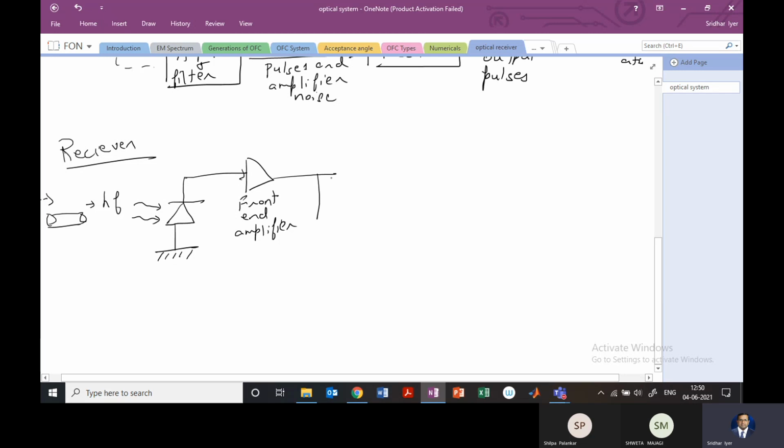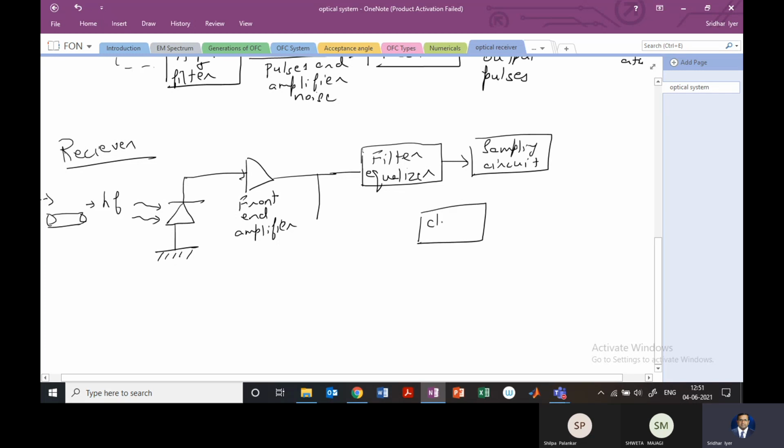This follows up with a filter which is known as an equalizer. We'll discuss very soon what this equalizer is, followed by a sampling circuit, and this sampling circuit requires the input from a clock recovery, because you need to know when exactly to sample the signal.